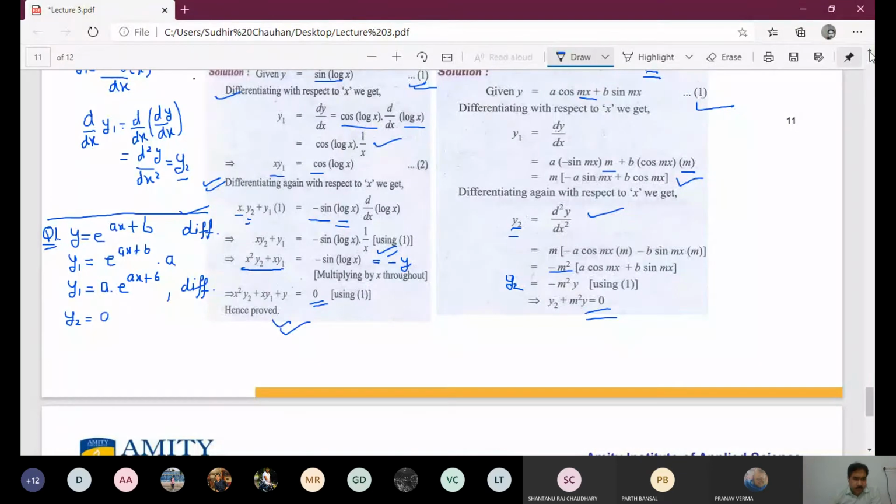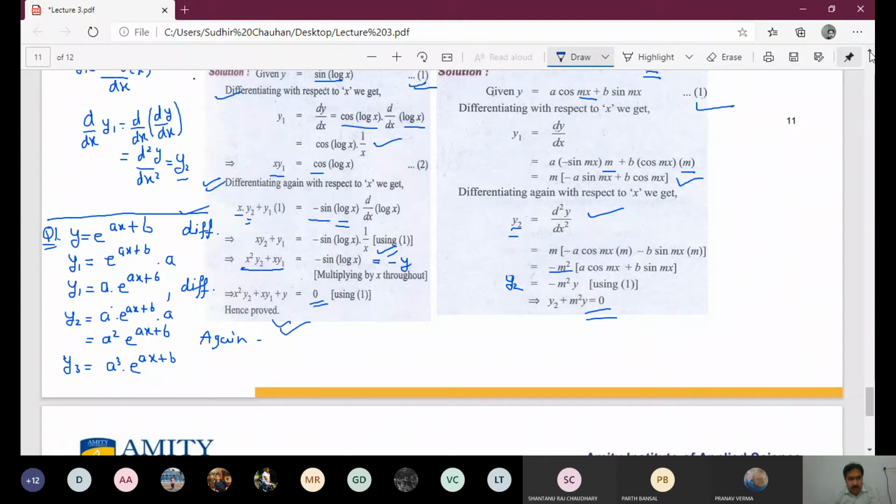Again we get the same thing, a into e raised to power ax plus b into a. So we can write it as a square e raised to power ax plus b, right? Similarly, differentiating again, we get y3 will be a cube e raised to power ax plus b.